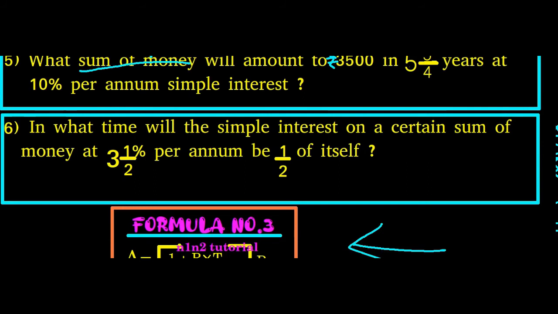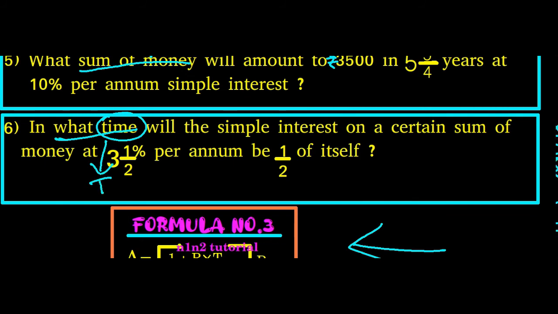Okay friends, so now let's proceed with our third sum, which is here. In what time will the simple interest on a certain sum of money at 3 1/2% per annum be 1/2 of itself? So friends, in this sum the question is in what time. See the word time. So time means T. We have to find the time.